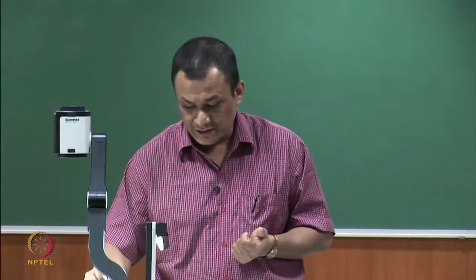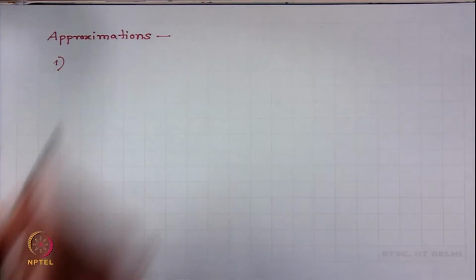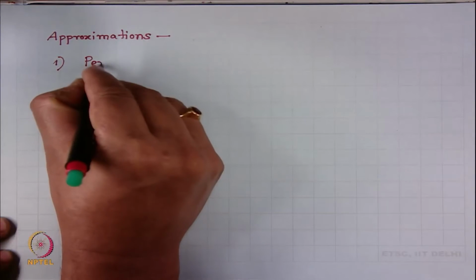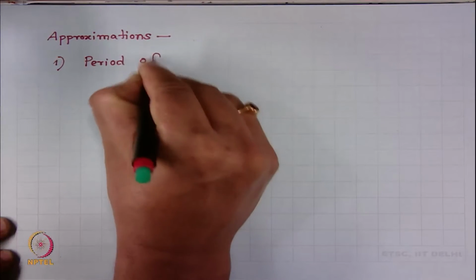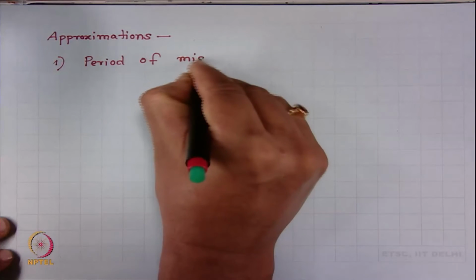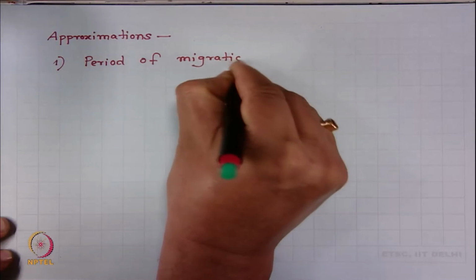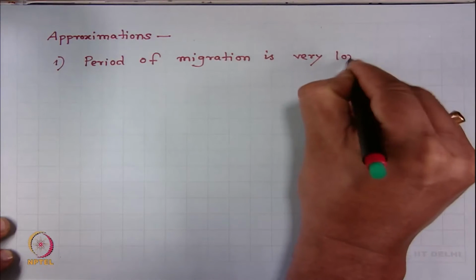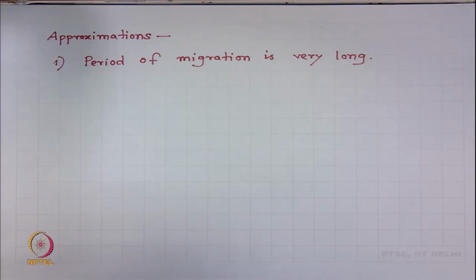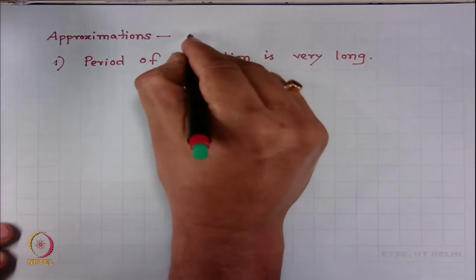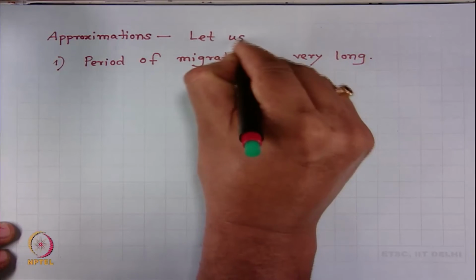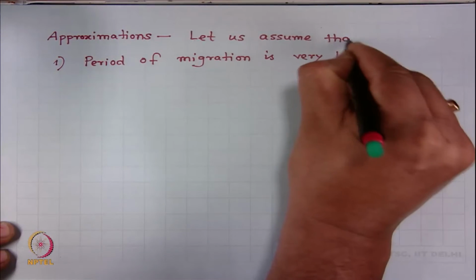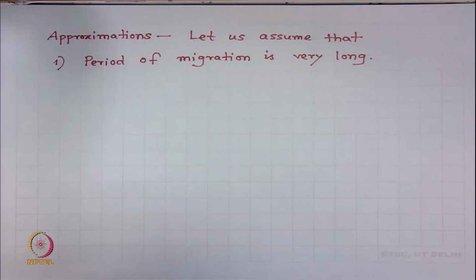So, the first approximation: period of migration is very long. Let us assume that period of migration is very long.